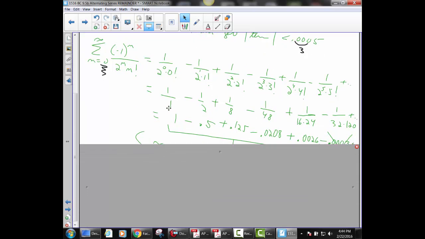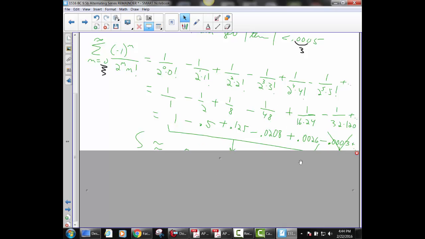Okay, so then you rewrite them as fractions, and then here's where you need a calculator to rewrite each one as a decimal. And you're looking for the first time you have a number that's less than 0.001. And this number right here is the first time you have a number that's less than 0.001. So you can eliminate it and all the ones to the right of it, and this will be your approximation.